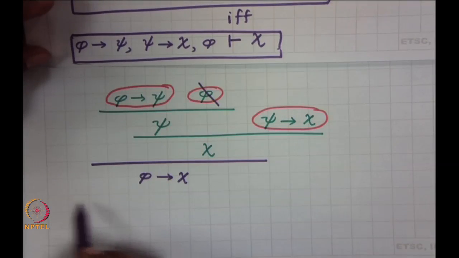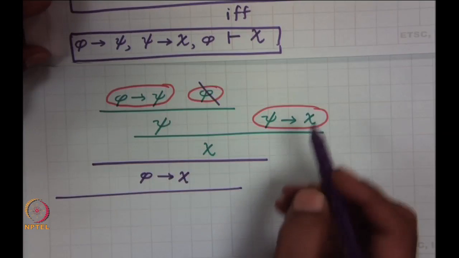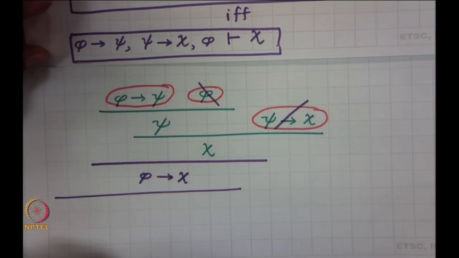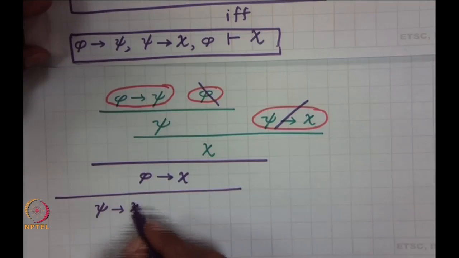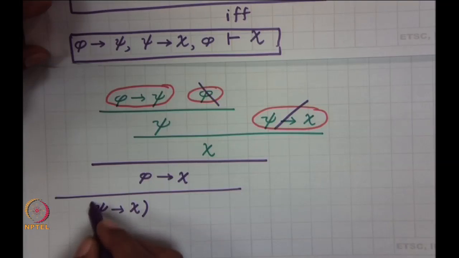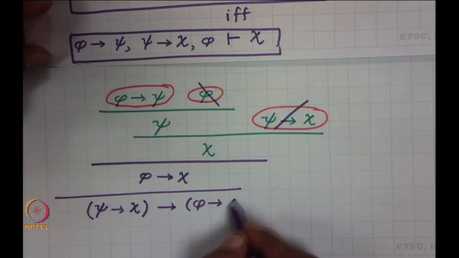Then I can go one step further and discharge this assumption and get psi arrow chi arrow phi arrow chi.